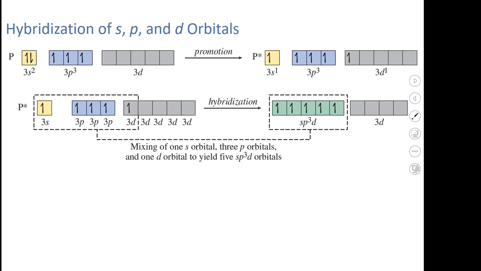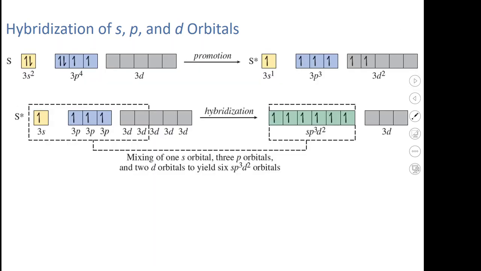What's the maximum number of electron domains I can have? 6. So this was 5 electron domains, so we've got 1 more. Now I would need to promote, and then I would need to combine 6 orbitals.